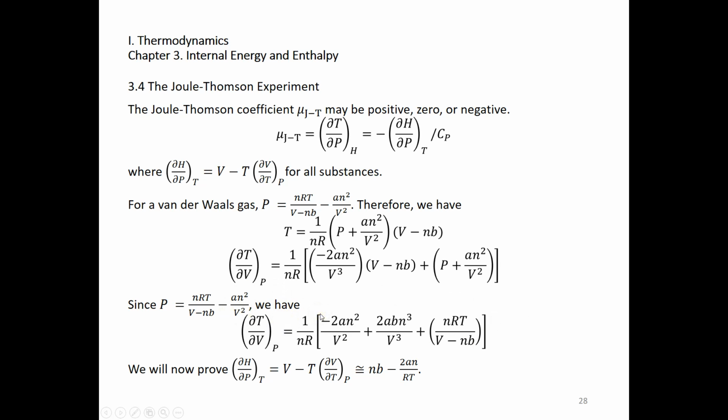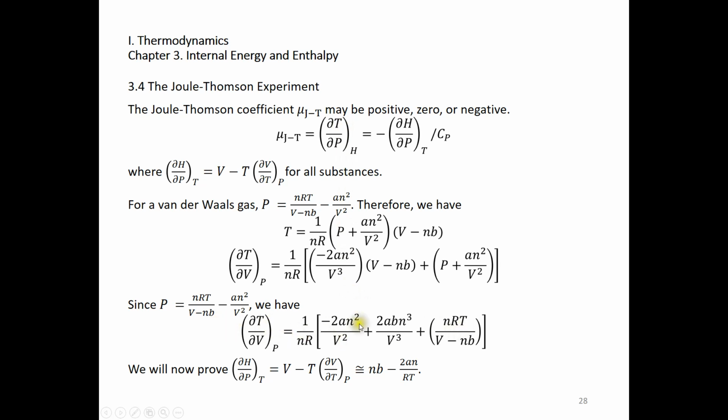However, it's really tedious to just take the derivative of this and then plug it in. So we're going to make some reasonable approximations so that we get a fairly simple expression for delta H over delta P, and then we can plug it in here. We determine the expression of mu JT, the Joule-Thomson coefficient, and then we understand how we can change the pressure to change the temperature of a real gas.